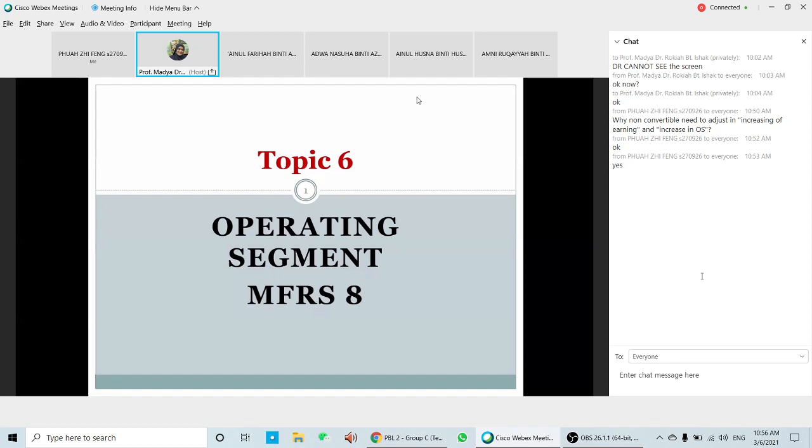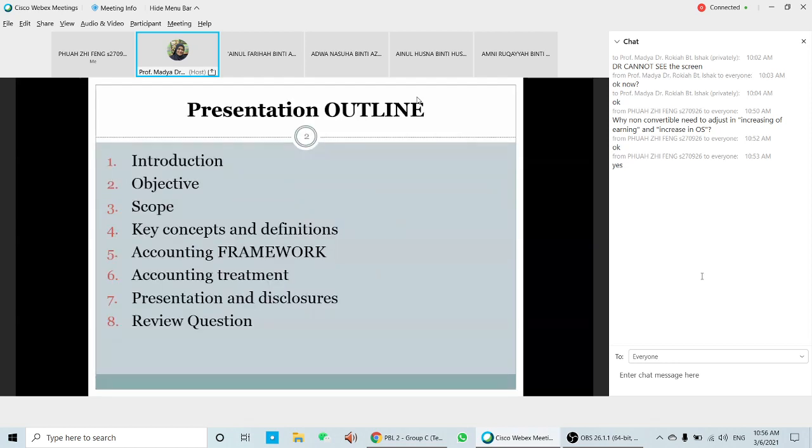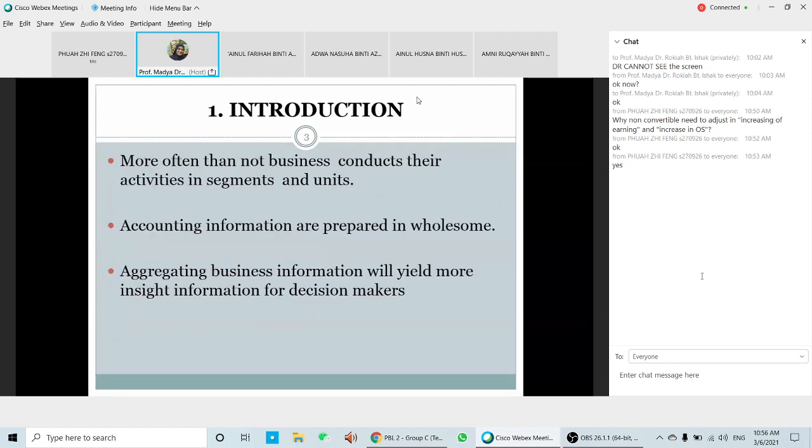Operating segment refers to the standard MFRS 8. This is the outline; we're not going to discuss the outline here.